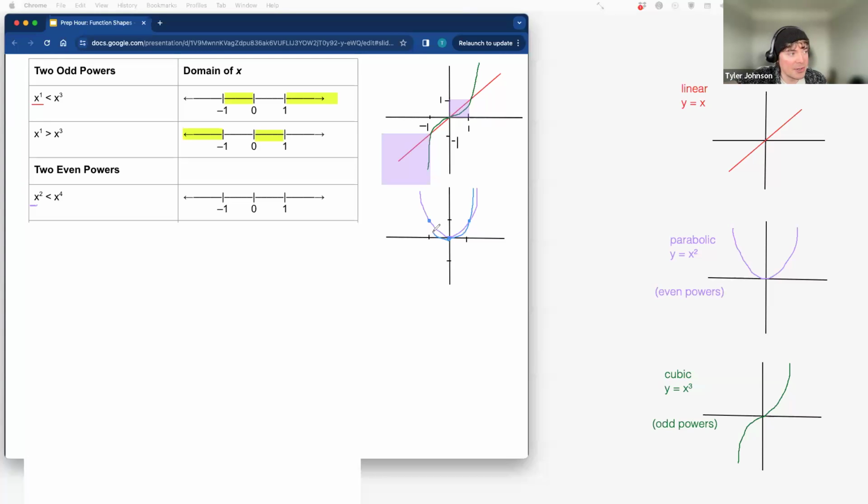The fourth is going to stay under that square until I hit -1, and then the fourth power ramps up again. So where is the square smaller than the fourth? It's those two areas on the outside. And if I want to look at the opposite, if I want my square bigger than the fourth, that happens anytime my input is a fraction.